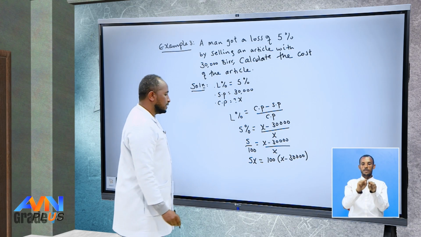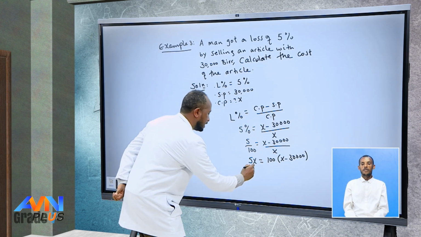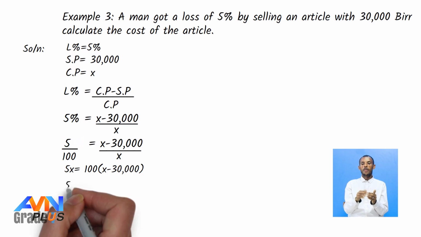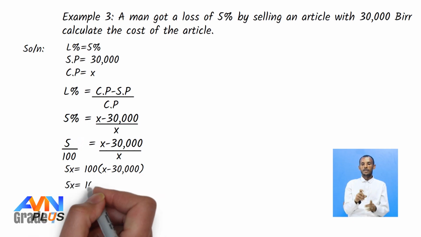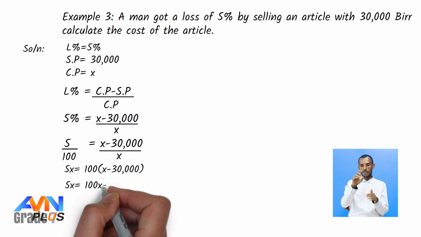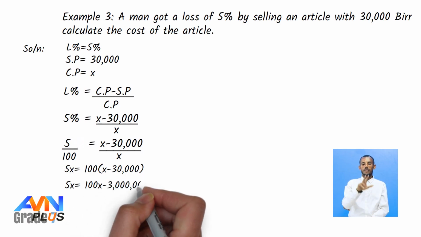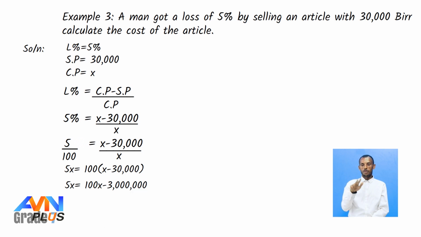So this becomes 5x is equal to 100x minus the product of the two, which will be 3 million.